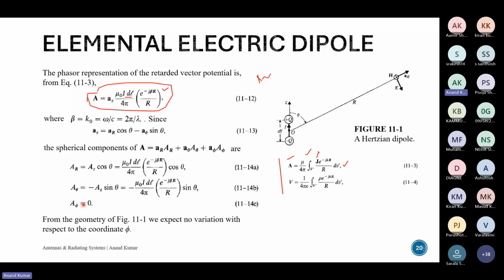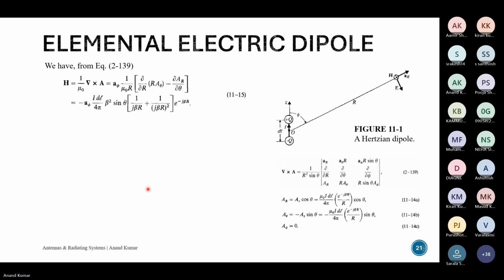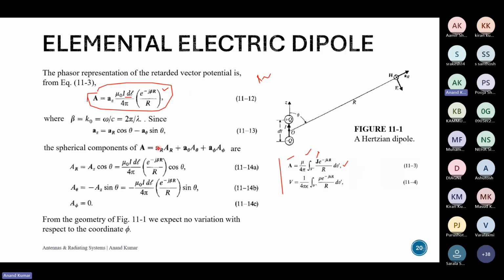A phi is 0 because the expression involves terms only from x and y. So up till now we have found the auxiliary vector potential in the spherical coordinate system.